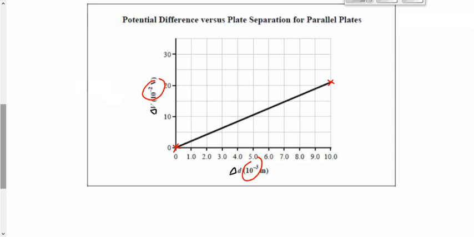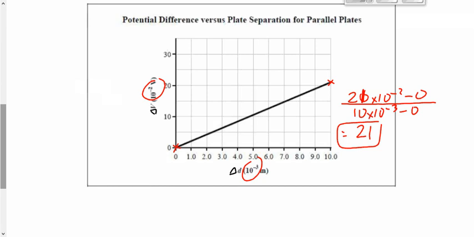So we're going to say 20 times 10 to the minus 2 minus 0 over 10 times 10 to the minus 3 minus 0, and that gives us, sure, that should be 21. That gives us a value of 21, actually. 21. So the answer for that one is going to be D.